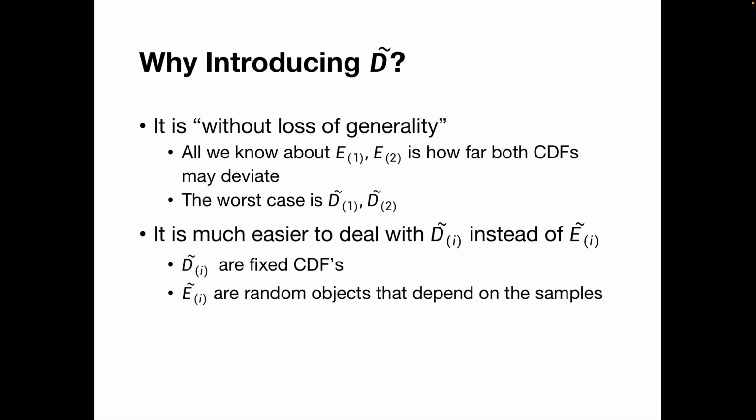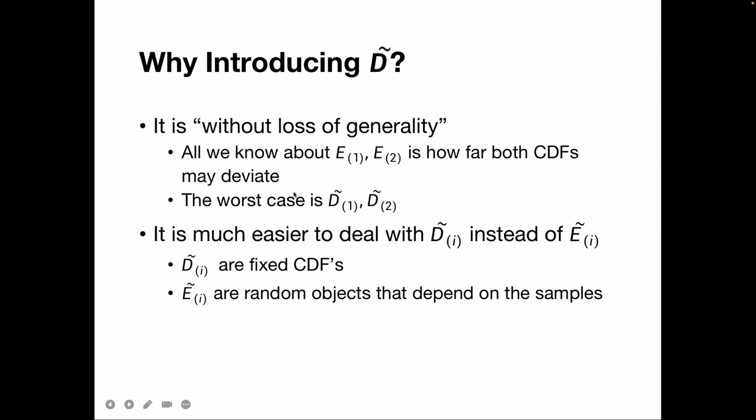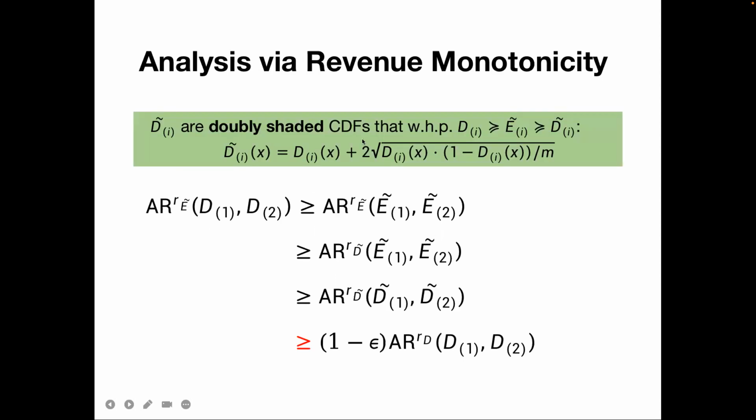To be precise, introducing this dominated CDF incurs no loss of generality, because we know that in the worst case, the empirical distribution can be just the doubly shaded CDF, and the amount of our shading scheme is just twice as much as before.